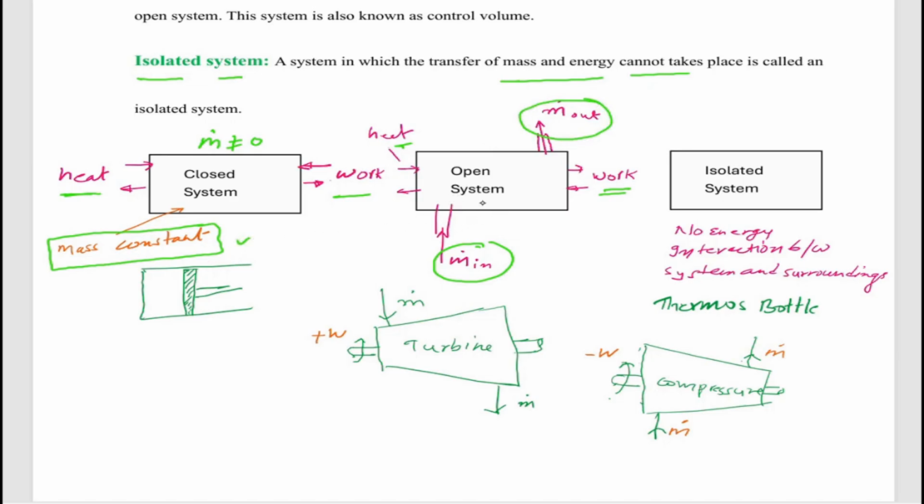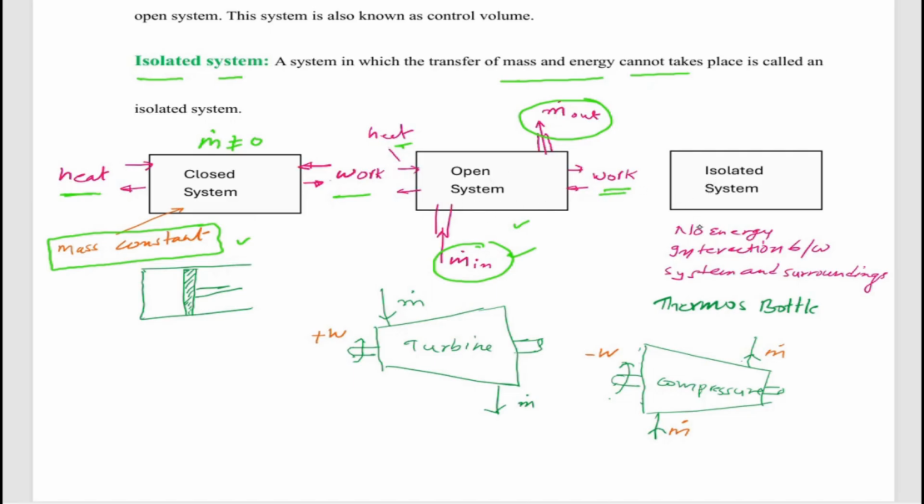Here mass may or may not be constant. If there is a different flow rate, where inlet is higher and outlet is lower, then definitely the mass inside is not conserved. But in a closed system mass is constant, right?